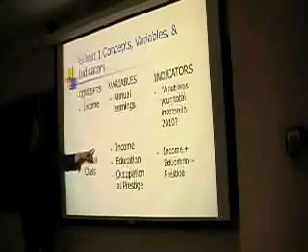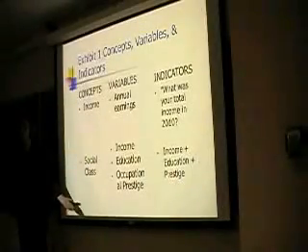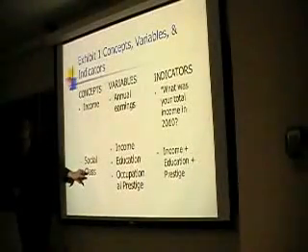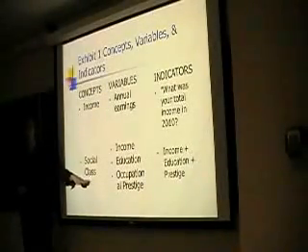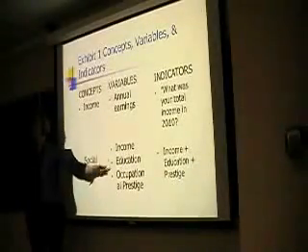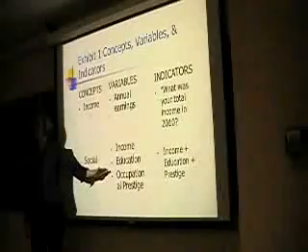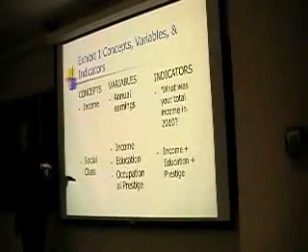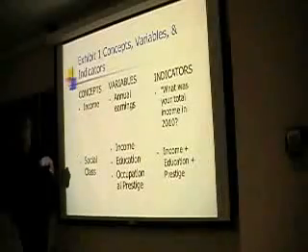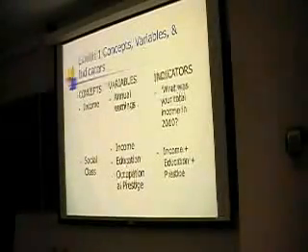So a lot of times what you'll see in a study is different ways researchers have tried to do a better job of measuring this concept of social class by having these key things measured in the best way. Can you think of anything else that might be an indicator of social class?